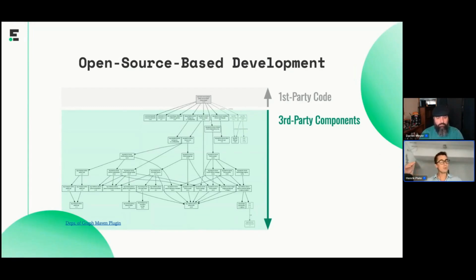On the very top of this dependency graph, you have the first party code, a component developed by some vendor, and all on the bottom below you have all the third party components that provide reuse functionality. And of course the motivation is clear. The first-party developers do not need to reinvent the wheel over and over.